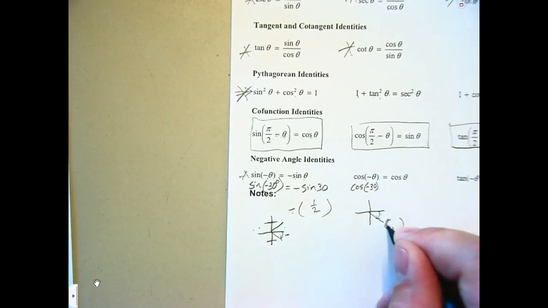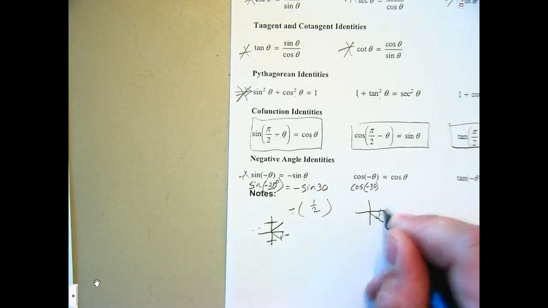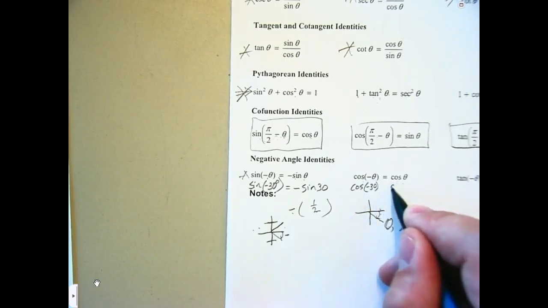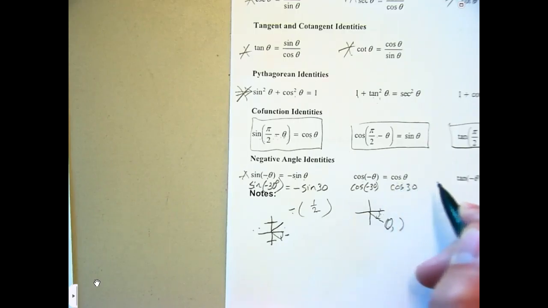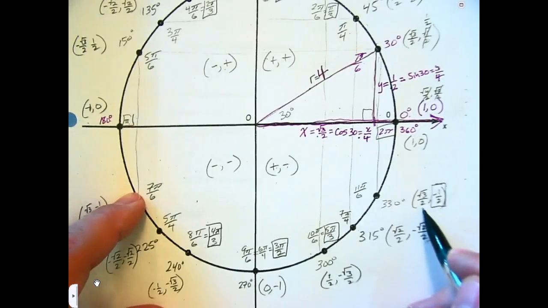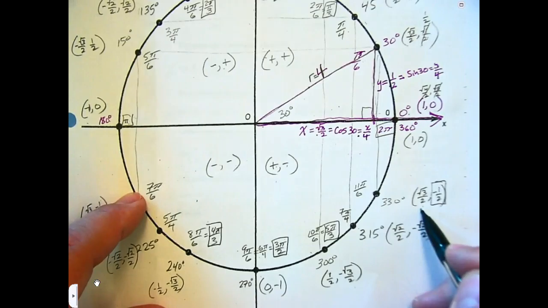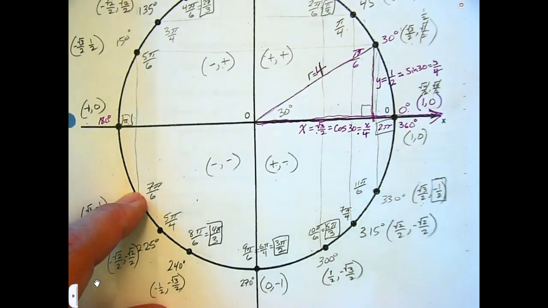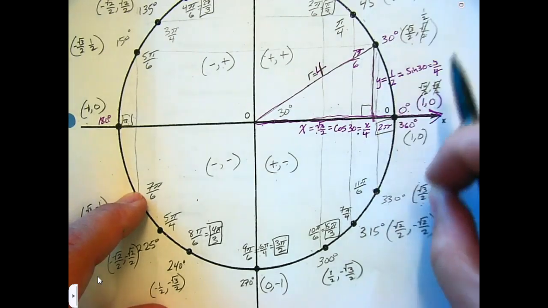It's x. Did this value change to negative? No, it's still positive, and that's what that's saying. Cosine of negative 30 is equal to the same thing as the cosine of 30. It's saying, look, if you go to negative 30, your cosine value is the same thing as positive 30. That's all that's saying. That's what your negative angles are doing there.